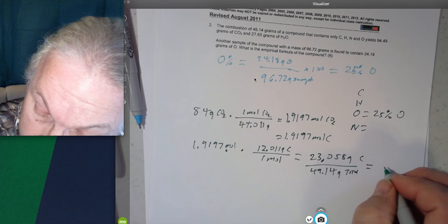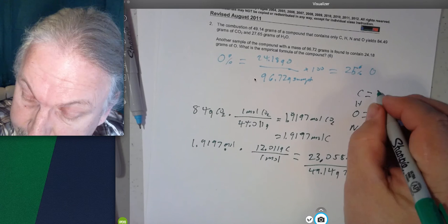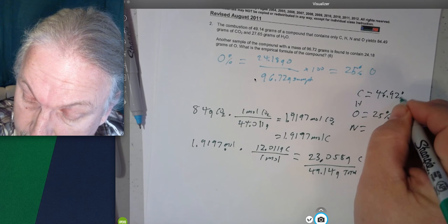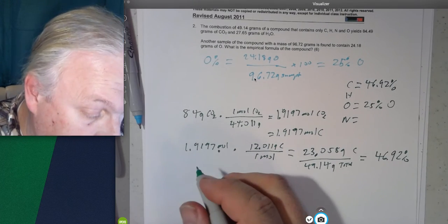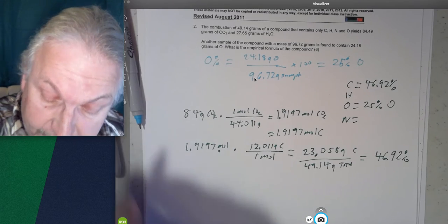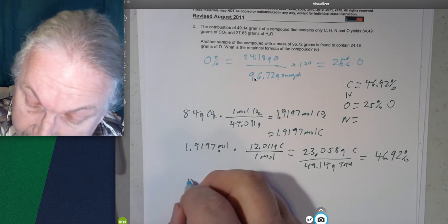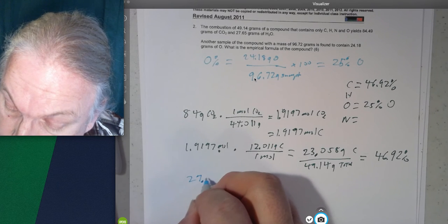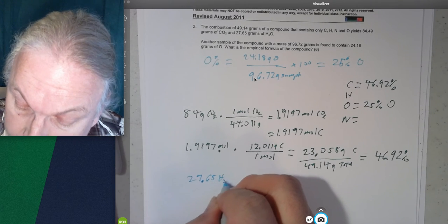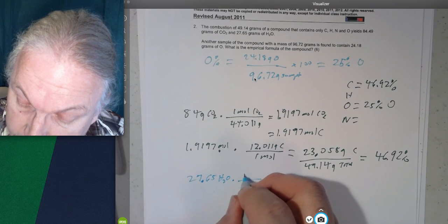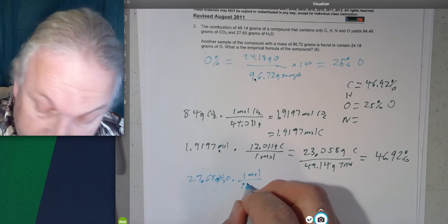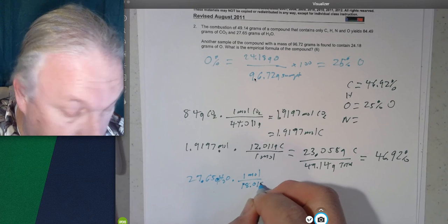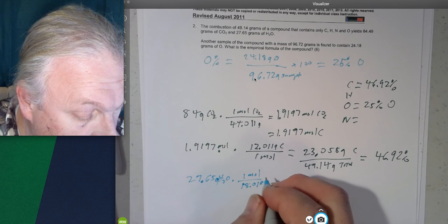And that's going to give us 1.5347 moles of water. And we know that for every 1 mole of water, we have 2 moles of hydrogen atoms, H2O. So if we multiply that by 2, that's going to give us our amount of hydrogen that came from the sample. If I do that, I think my math is right, I get 3.0695 moles of hydrogen atoms.